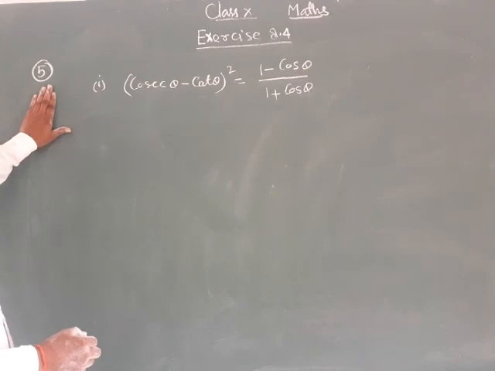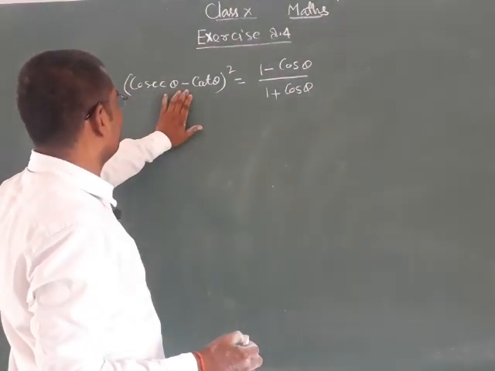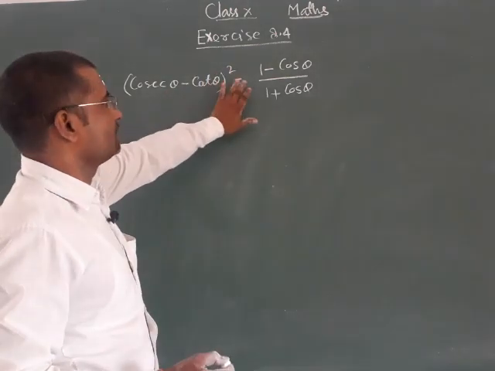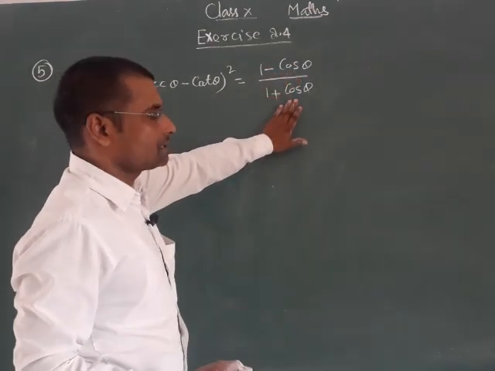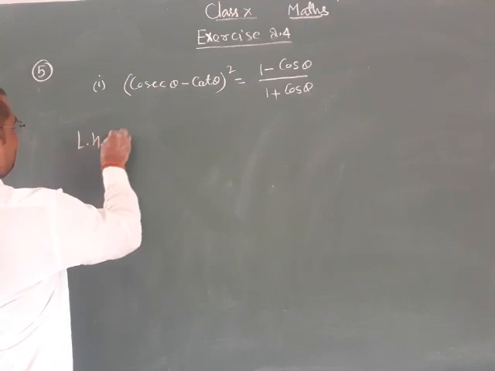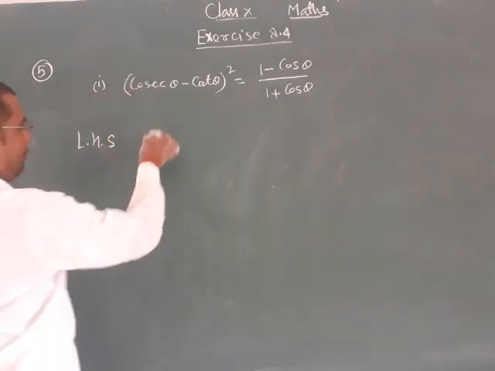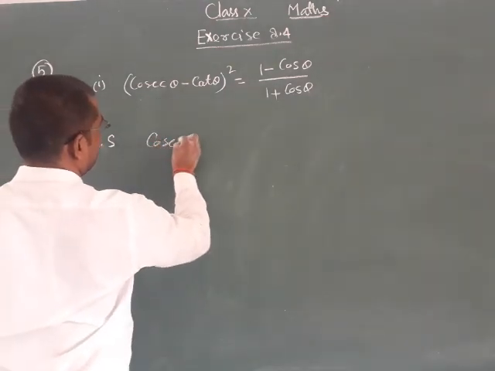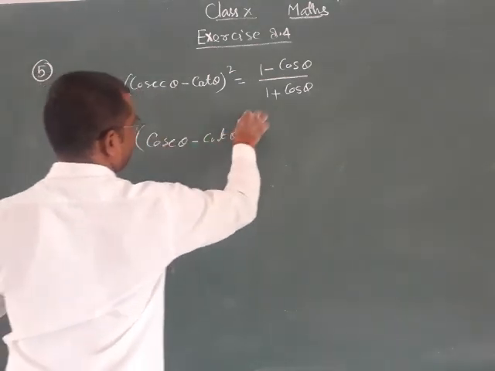Question number 5, prove that. So first part, (cosec theta minus cot theta) whole square is equal to 1 minus cos theta upon 1 plus cos theta. So now taking LHS, cosec theta minus cot theta whole square.